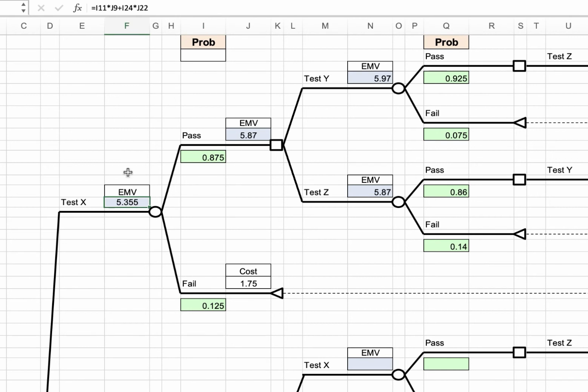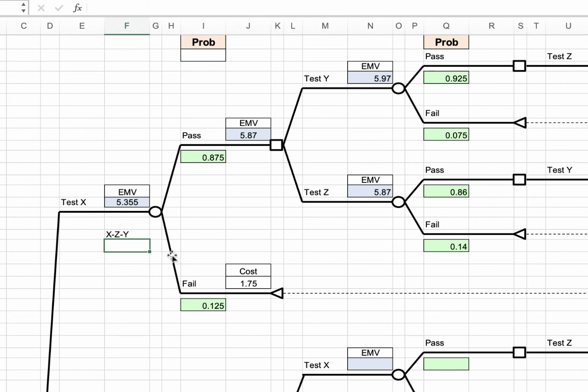So that final expected value is determined to be 5.355. This is the average cost of beginning the testing with component X, and if we pass, going to Z. So the correct sequence for testing is X, Z, Y. The minimum average cost is 5.355.